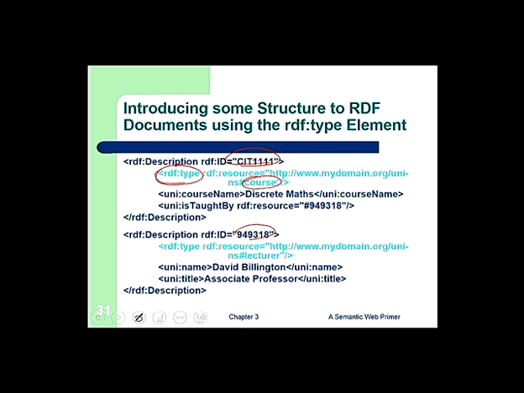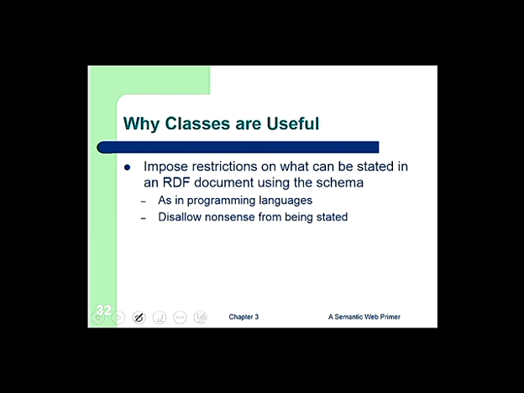This thing is a lecturer and they are tied together through the RDF type attribute. So the first thing in RDF schema is classes. Why are classes useful? I hope you can understand the concept more easily having some background in the object-oriented paradigm and programming.